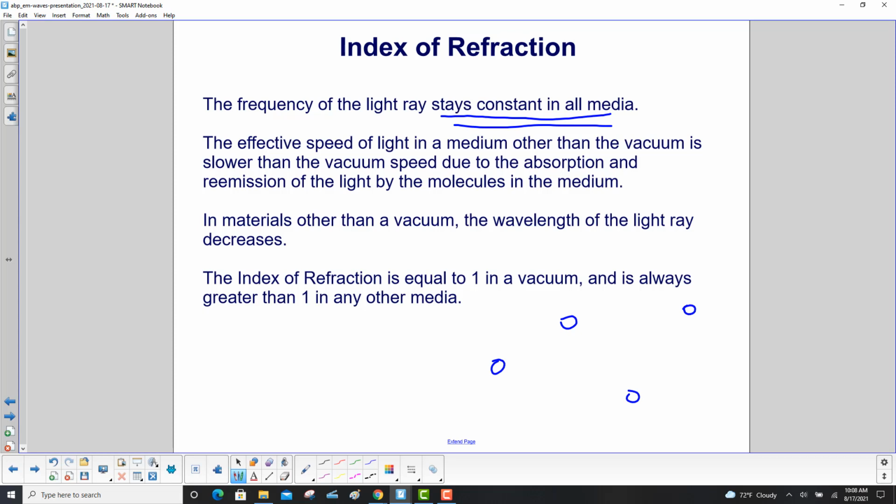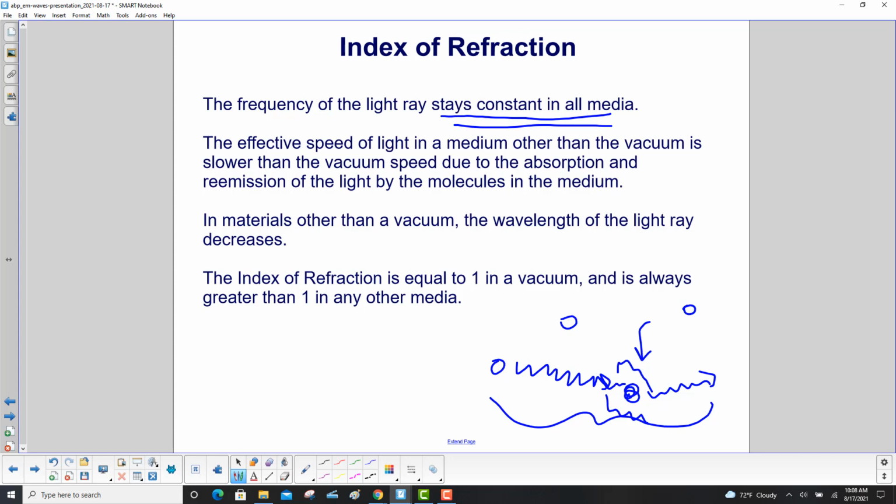So light is absolutely traveling at the speed of light in between those molecules. However, when it hits a molecule, it excites it, and the molecule absorbs the photon. Then a little bit later, it re-emits it when the excitation goes away and it goes back to its rest state. So if you take this speed here that includes when it was kind of stopped inside the molecule, that's why we call that the effective speed of light in a medium is slower.